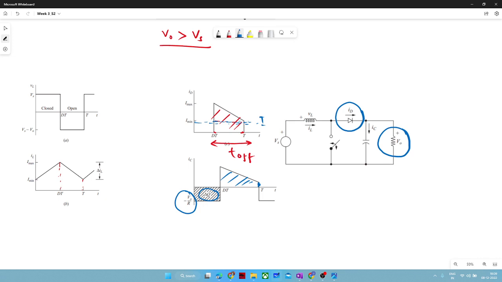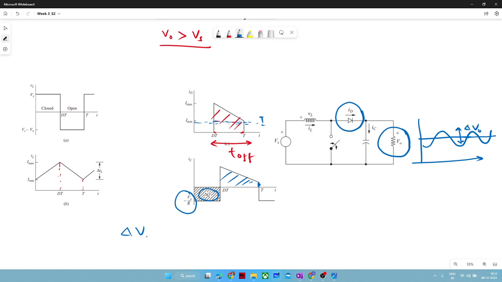If you need to find the ripple across the capacitor, because you won't get a flat voltage waveform, you will get some ripple kind of voltage waveform. So what will be the value of this delta V naught?